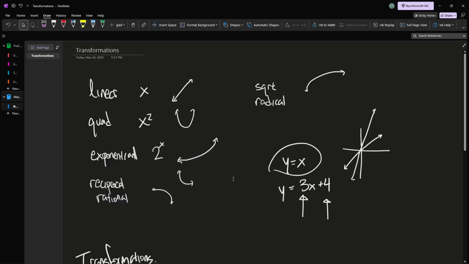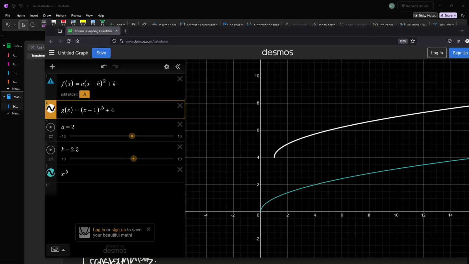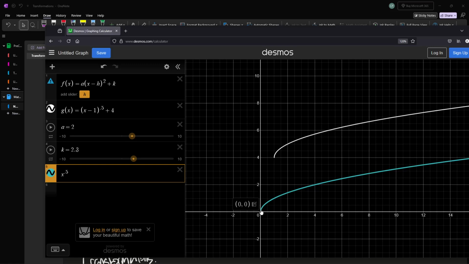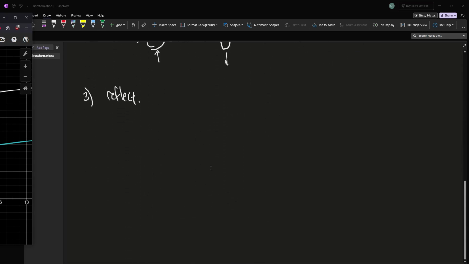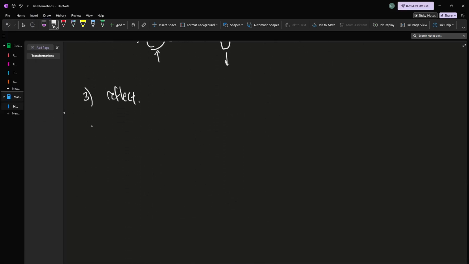There are key points that you can identify and see where they moved to and how you could get that. So here we see that this one shifted right 1 and then up 4. So that'll be our answer. You can write down it shifted right 1, shifted up 4.